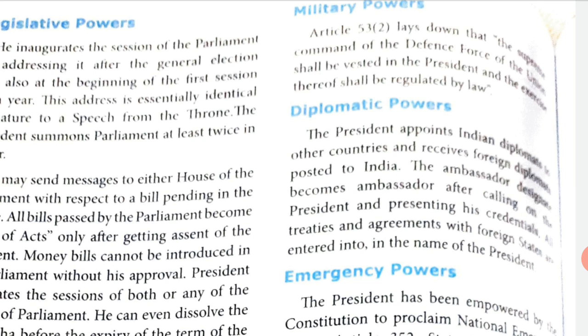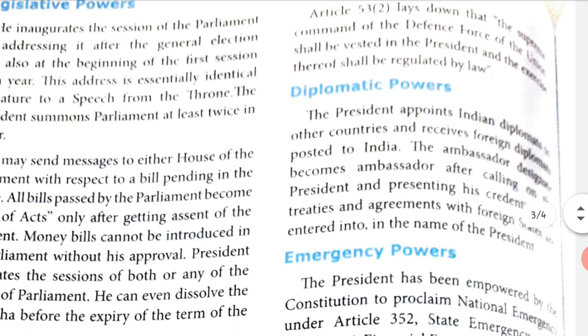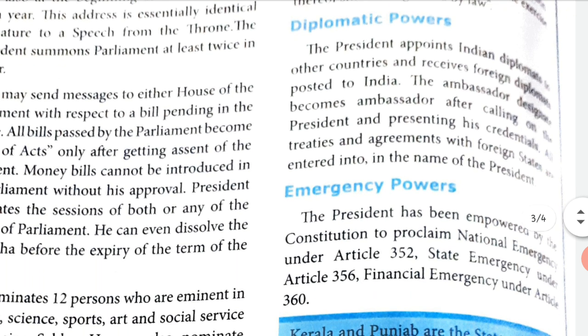So the President will appoint Indian diplomats, high officials, to other countries and receive foreign diplomats, and foreign countries can also send their diplomats to India. An ambassador becomes an ambassador after calling on the President and presenting his credentials. Treaties and agreements with foreign states are entered into in the name of the President.